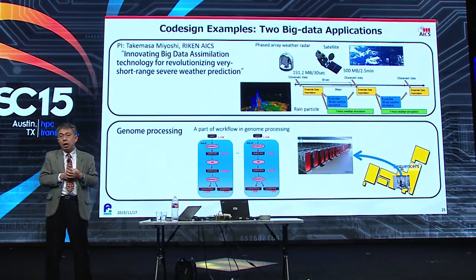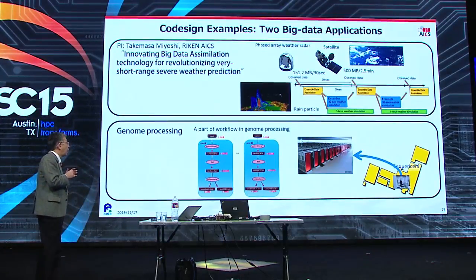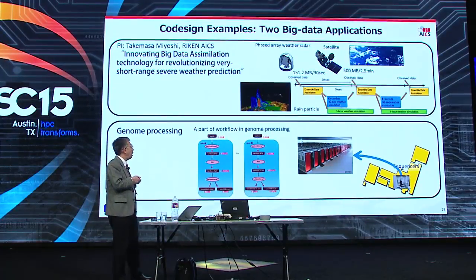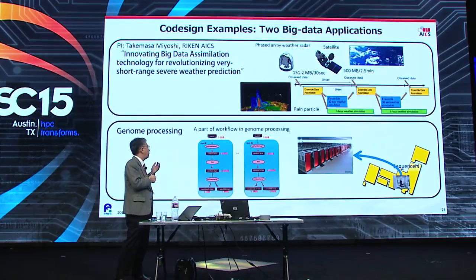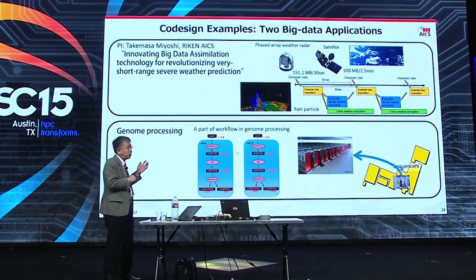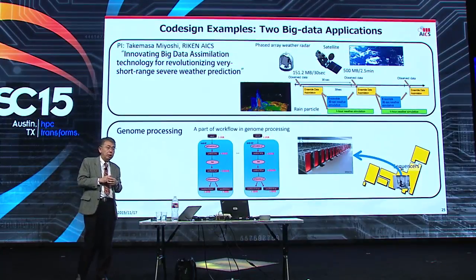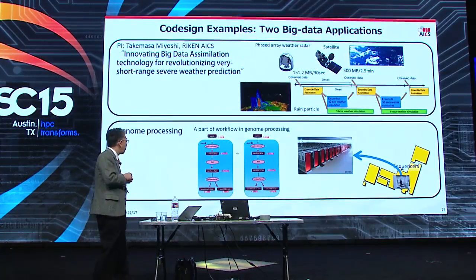Their requirement is 100-case ensemble simulations, and one of the ensemble simulations will be taken to predict the 1 hour or 30 minutes weather. Those are also within 30 seconds. So this kind of hard real-timeness might be realized using a post-K computer.